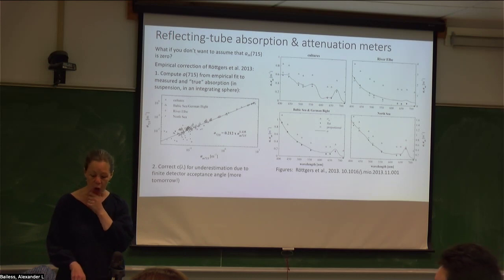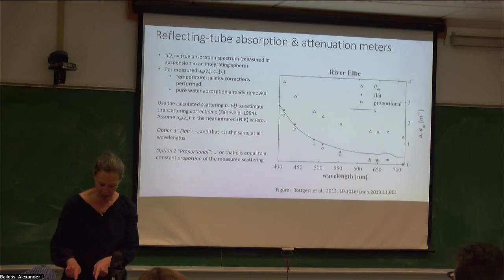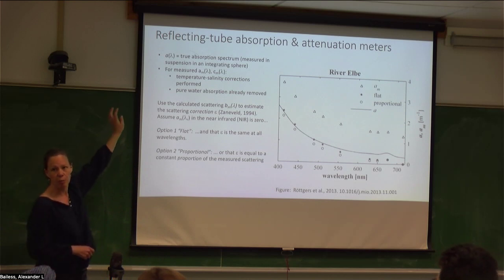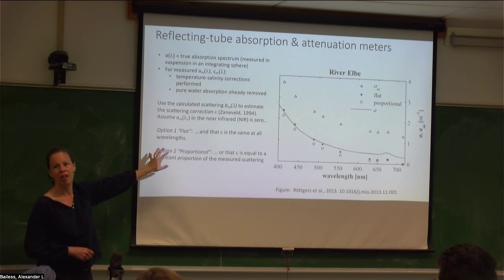The last slide says it, and I don't say it again on this one, but all the data that are shown here have already had temperature and salinity corrections, and they've already removed pure water. So we are looking at the non-water absorption in all of these.